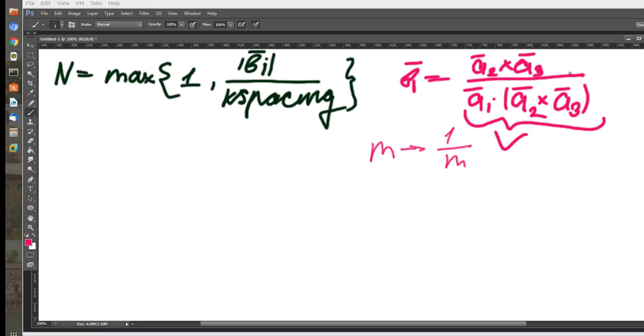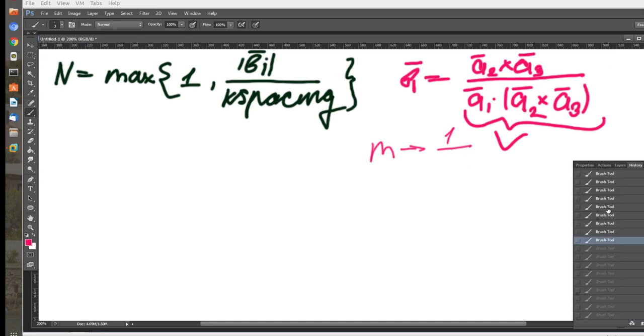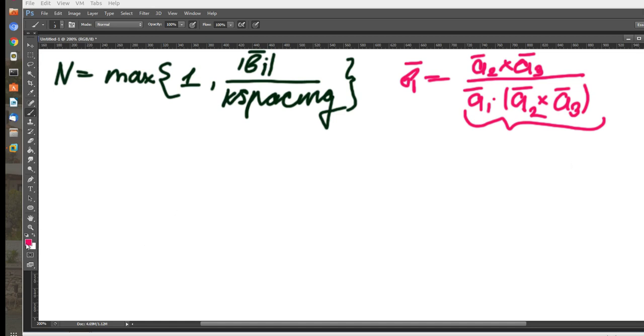So it is obvious from that formula. There is a meter square, meter cube, so that will give us meter to the power of -1.